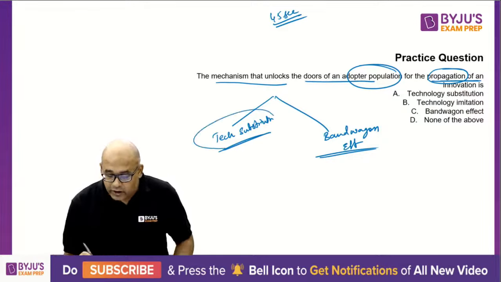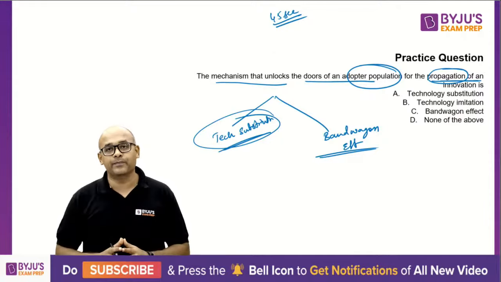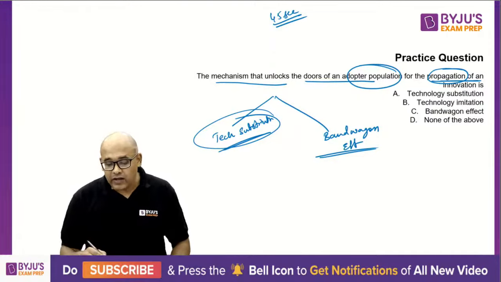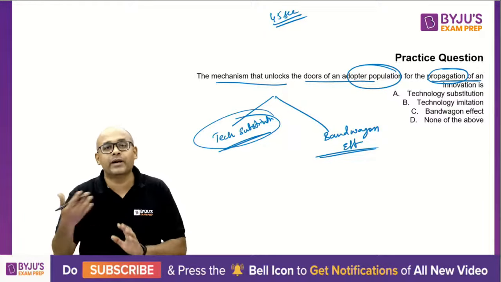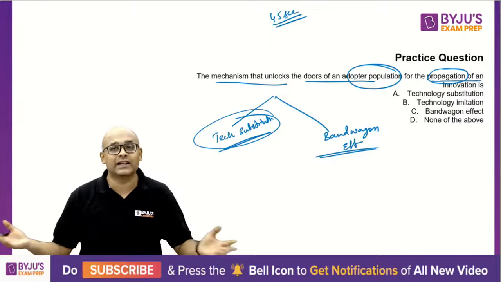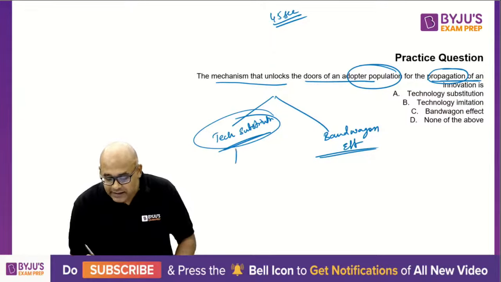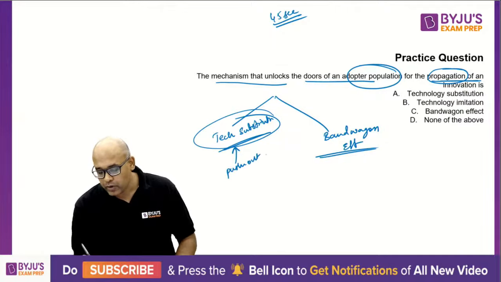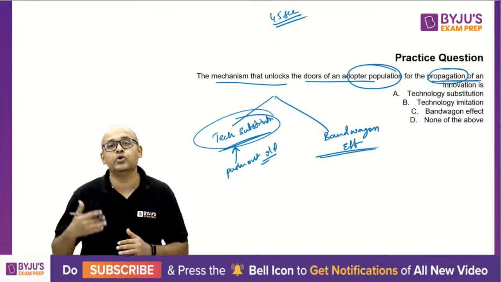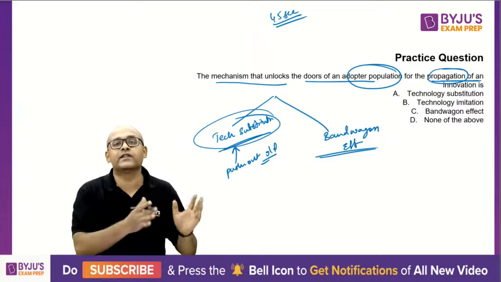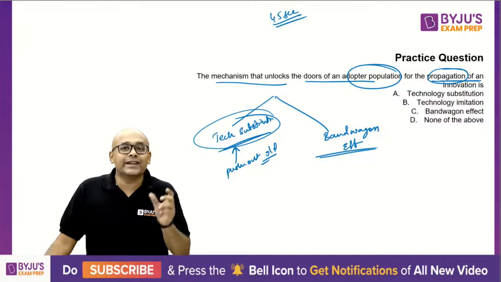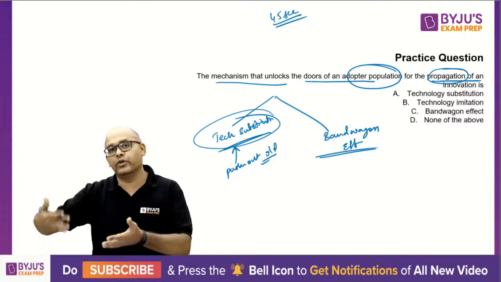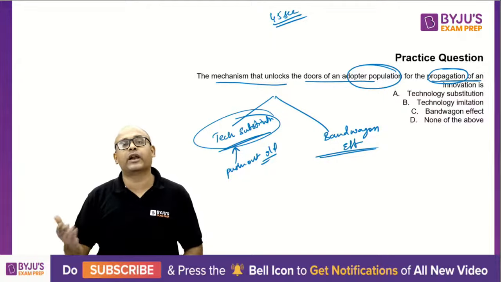So first of all, technology substitution is when you have a particular technology, good or bad, whatever it is, and you are substituting it with a new technology. It could be something relatively better or just an incremental advance, or it could be a breakthrough, or a radical change. Whatever it is, you are pushing out old technology and bringing in new technology to do a particular work which was being done earlier. For example, with computers, you were using calculators, you were using long ledgers at one point in time to keep track of things.